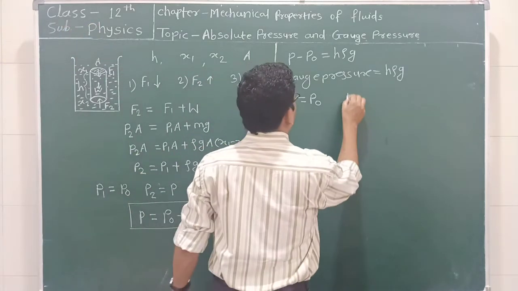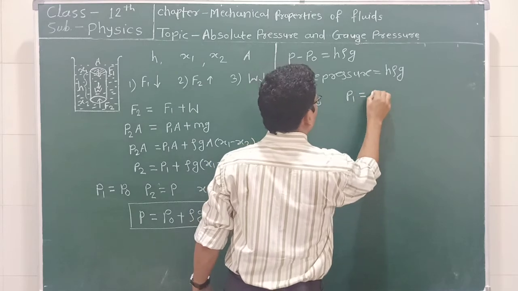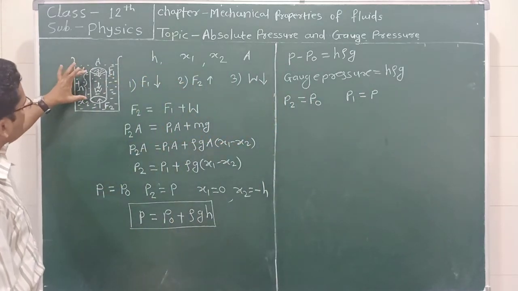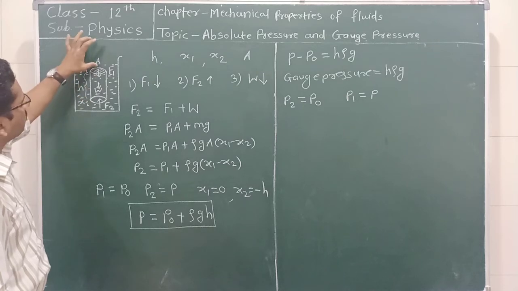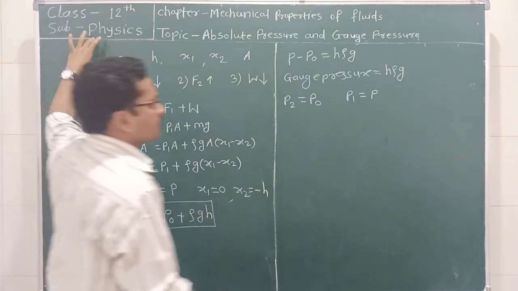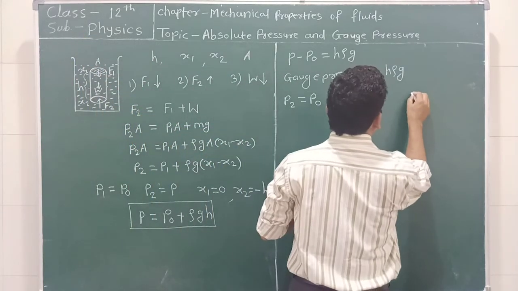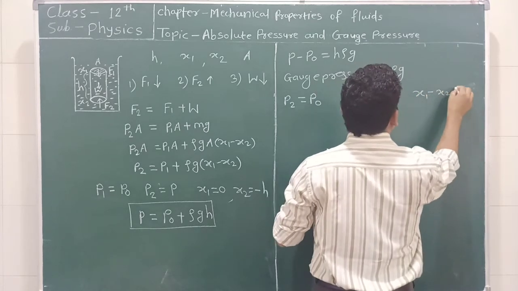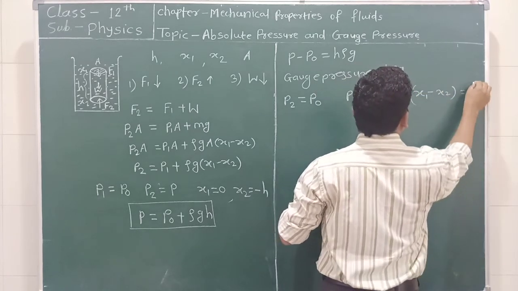So we can write P1 equal to P, and the distance of this cylinder from the surface in air is equal to D. So we can write x1 minus x2 is equal to D.